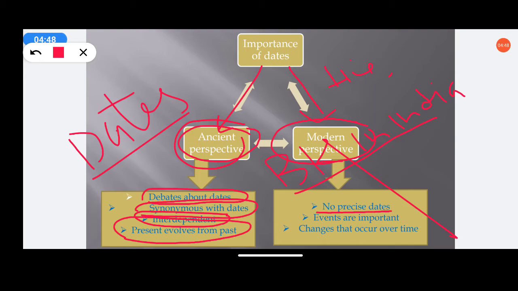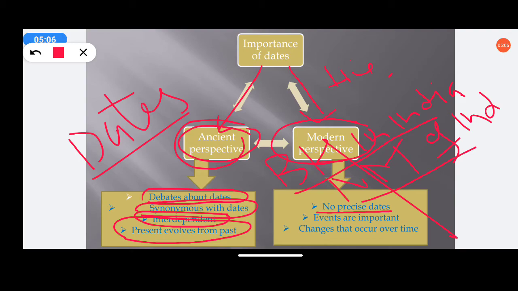Similarly, the national movement of India. The Indians didn't start the national movement against the colonial rule of the Britishers on some particular day.